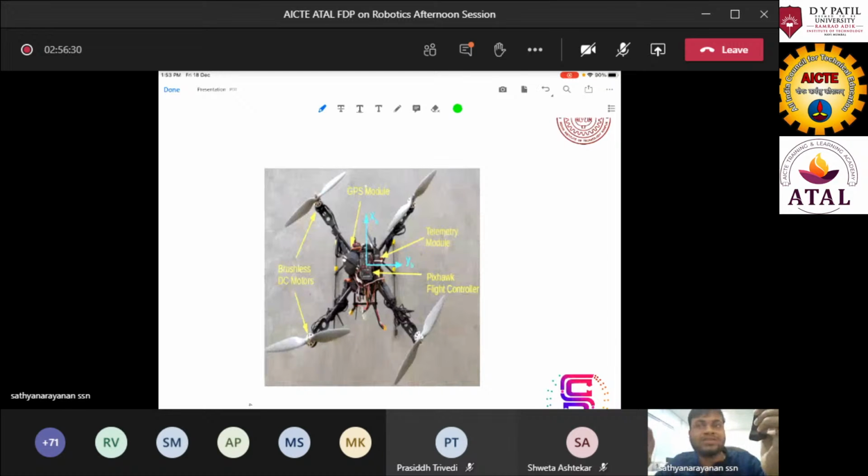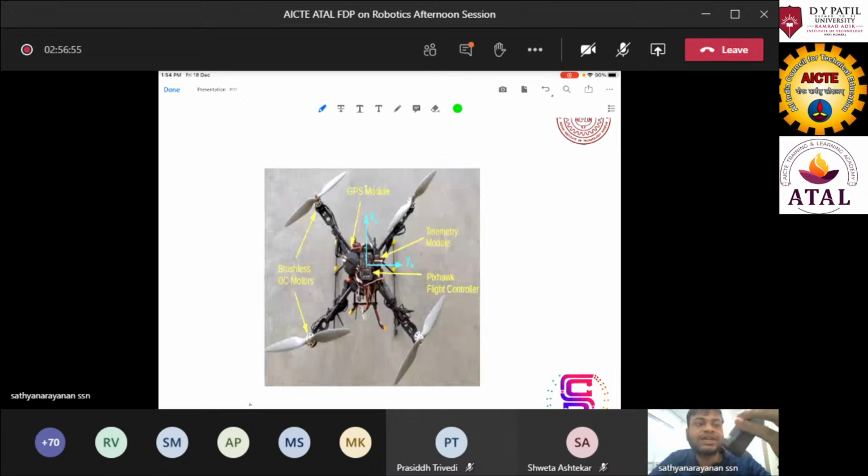So let's say if you want to change the controller, or change the filter, like a Kalman filter for estimation purposes, then it is very handy to use, and you can change the code very easily. It is based on C++ code, so it's not very difficult to learn.